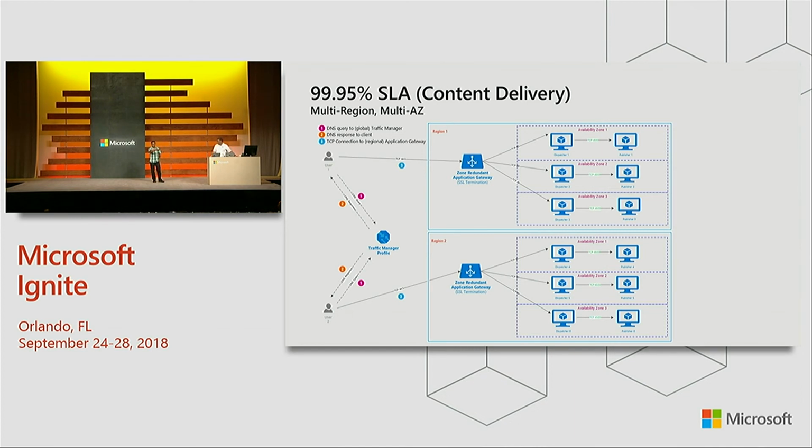Even though it looks like in the picture that we are doing 2 levels of load balancing here, the thing to note is that for a given particular user, that user goes to the Traffic Manager just once during the session, gets the IP address of the nearest application gateway, and after that, the connection happens between the user and the application gateway with the Traffic Manager out of the picture. The newly announced Front Door service, we are very excited about that. It looks like it has all the features we might need to one day replace Traffic Manager with it. It looks very good.